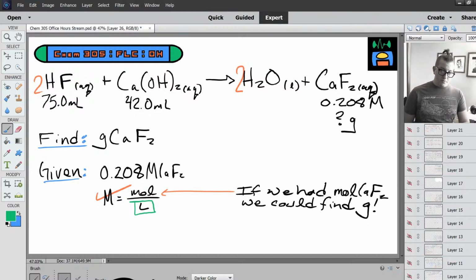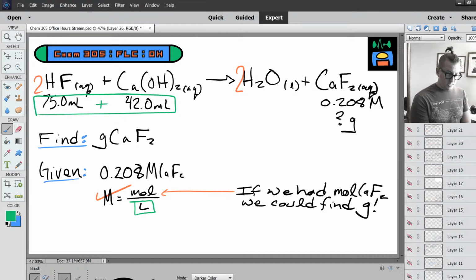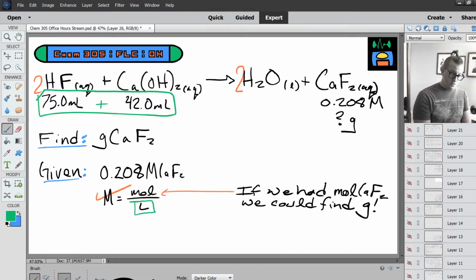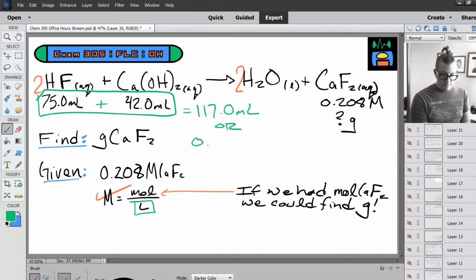The question is, what is the volume of the solution? Well, it's going to be the volume of the two solutions we mix together to make it. That volume is going to be 117.0 milliliters, or 0.1170 liters.